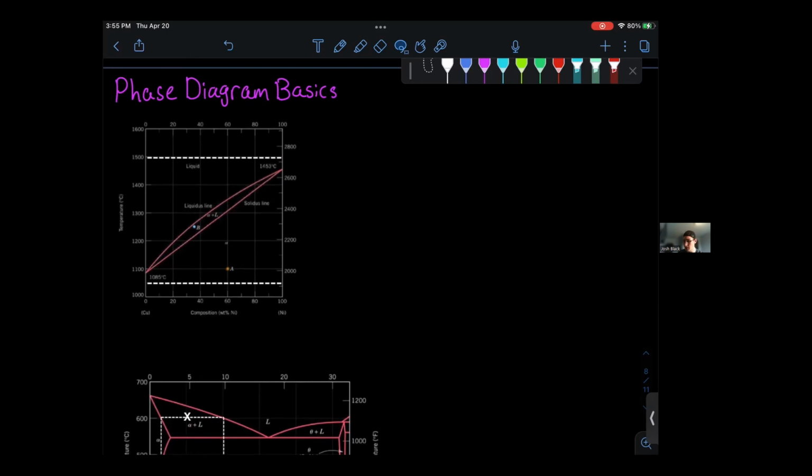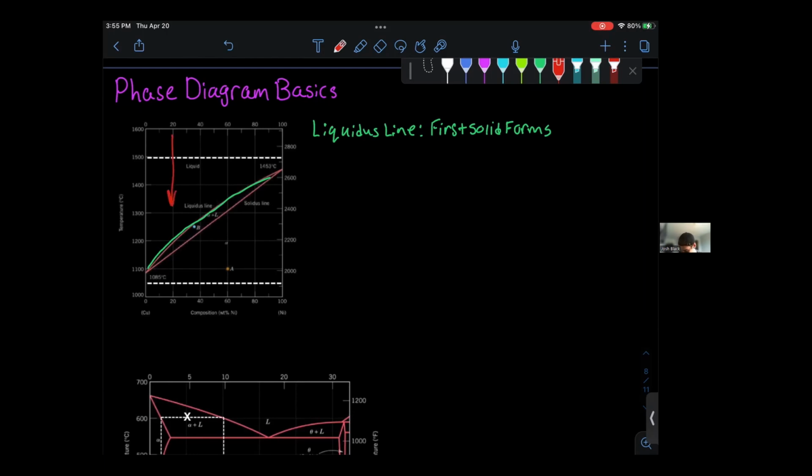So the first thing I want to talk about is the solidus and liquidus line. The liquidus line is right here. The liquidus line is the line where the first solid forms or where the last solid goes away, depending on where you're coming from.